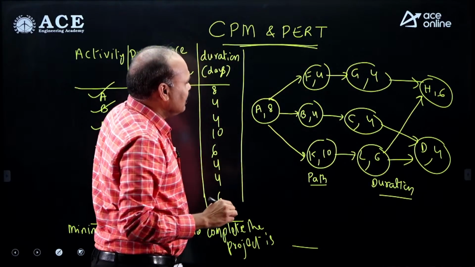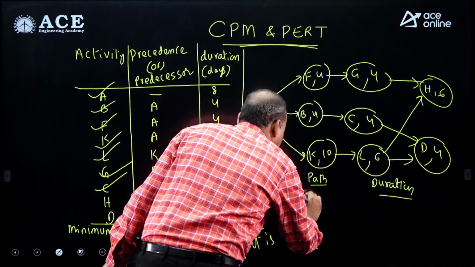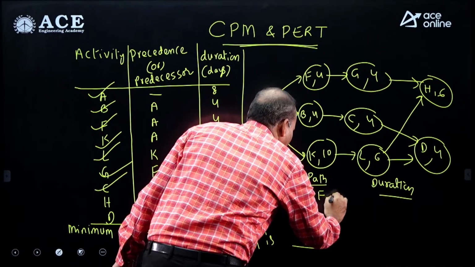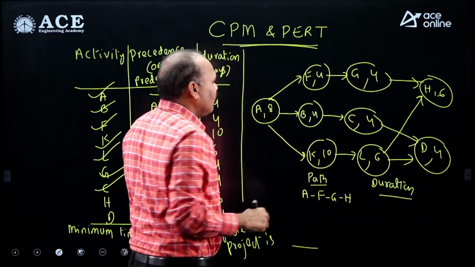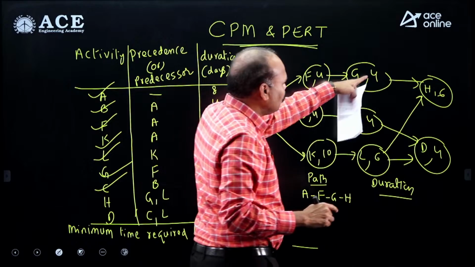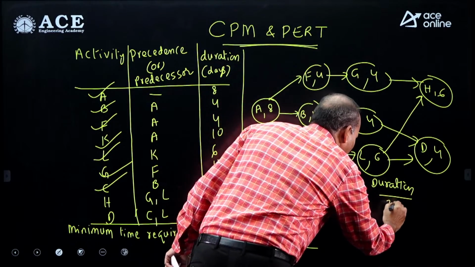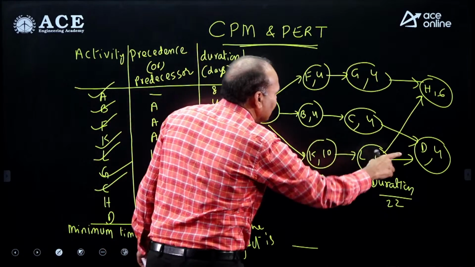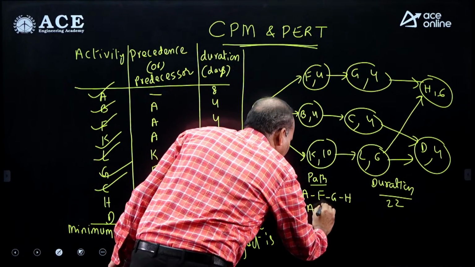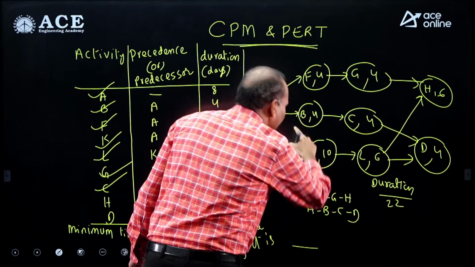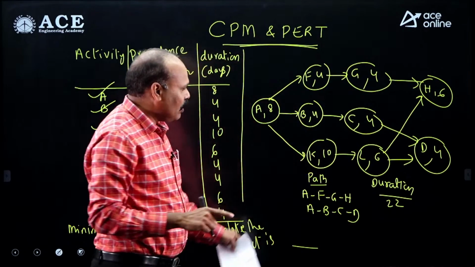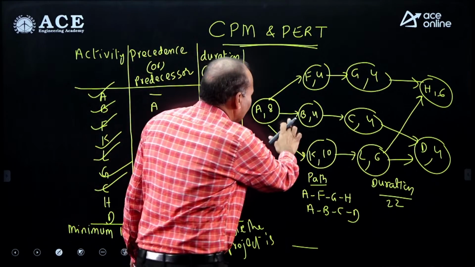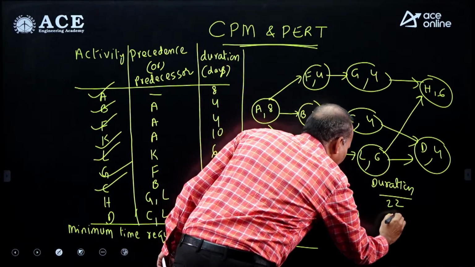The first path is AFGH. Along this path, the duration is 8 plus 4, 12 plus 4, 16 plus 6, 22. So the duration is 22 days. Next path is ABCD: 8 plus 4 is 12, plus 4 is 16, plus 4 is 20.